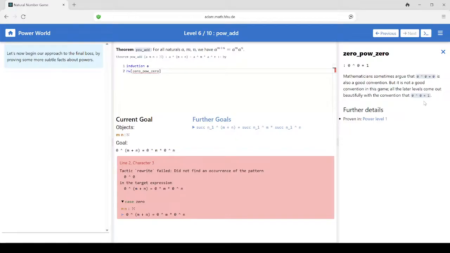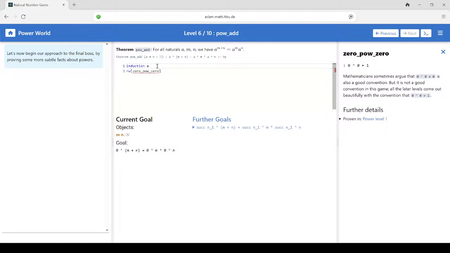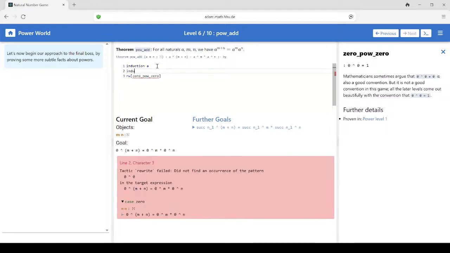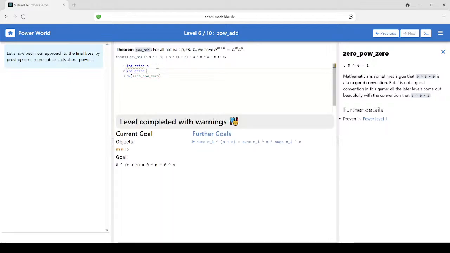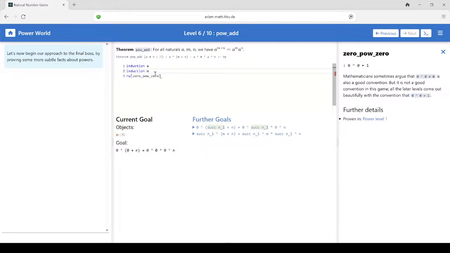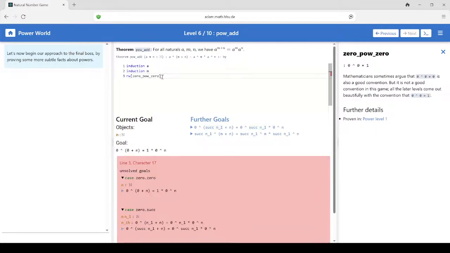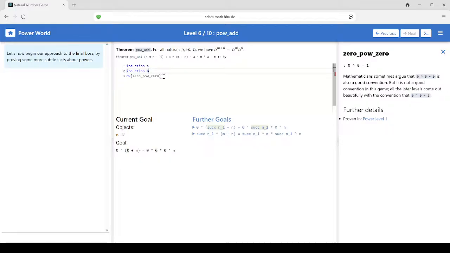I'm not sure when you even would use this. It doesn't say, like, this is the proof of... 0 to the power of 0.